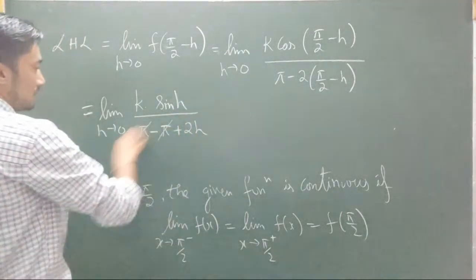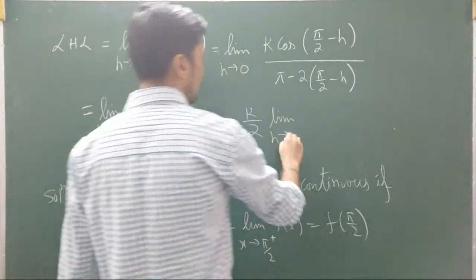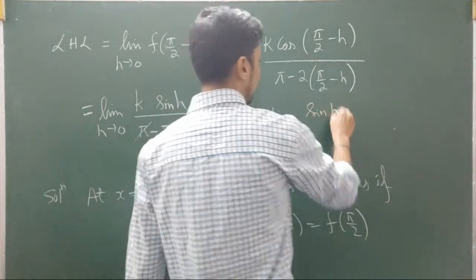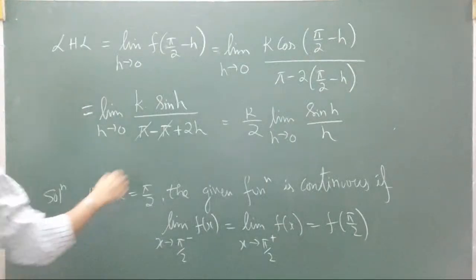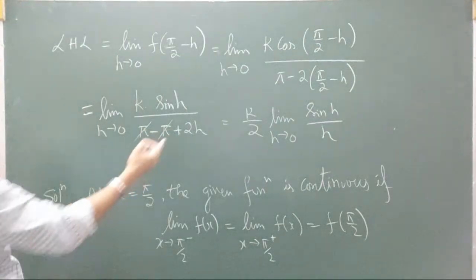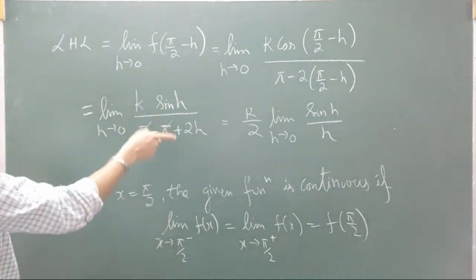So pi we can cancel. 2 I can take out. The limiting value as h tends to 0 of sin h upon h. Pi cancels, so 2 and k I'm just taking out because these are constants. So we'll be left with sin h upon h.